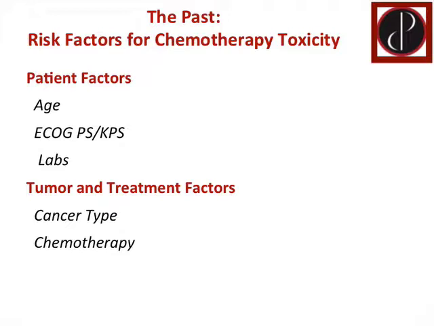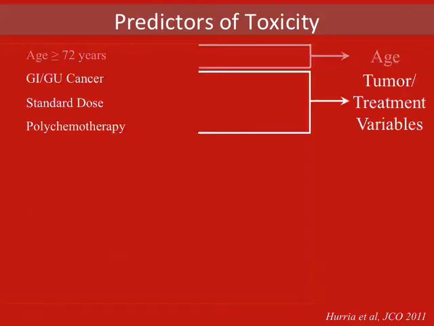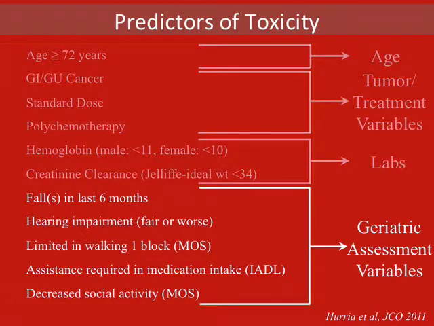So in the past, we considered patient age, ECOG performance, and labs, and then tumor characteristics to select the regimen. But these days, there are different tools. For example, one used by Hurria looked at age, tumor characteristics, lab tests, and included 5 geriatric assessment variables before making a decision for the patient.